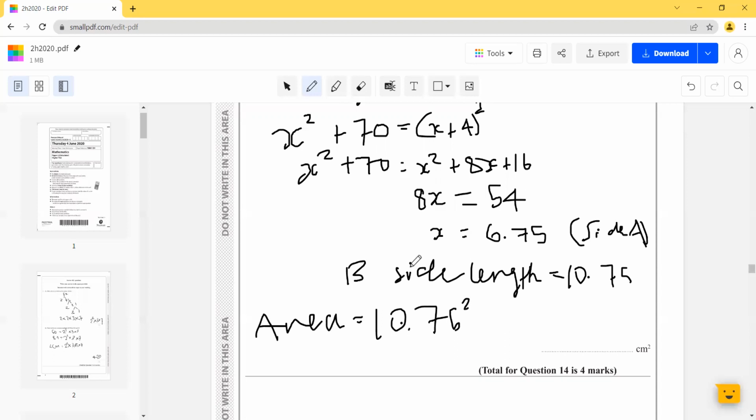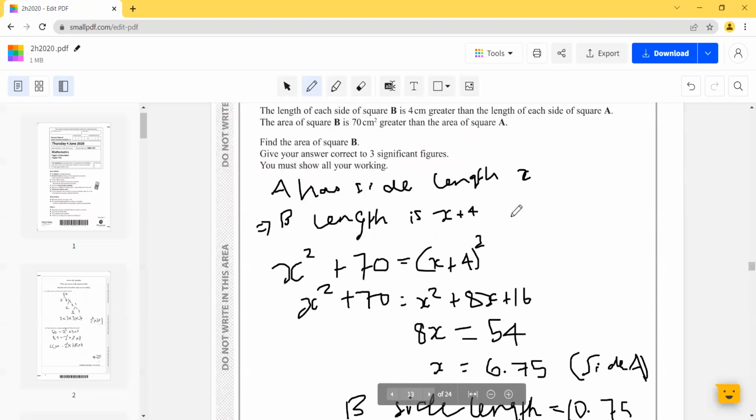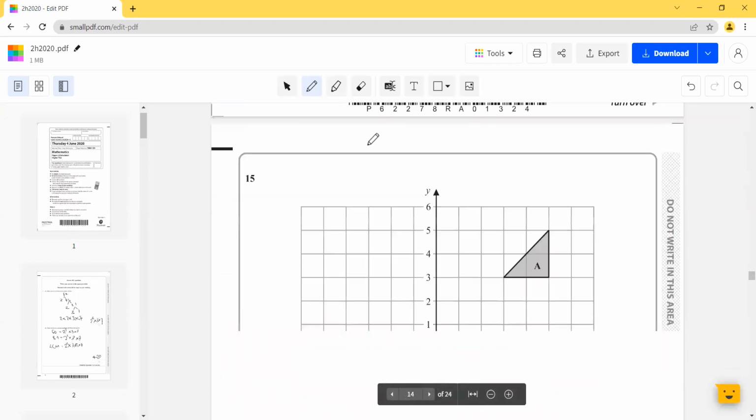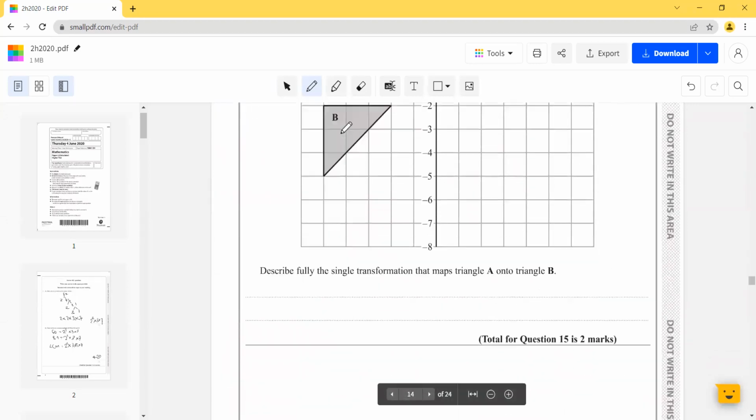Now, if you just use a calculator to solve this, you'll get 115.6. But if you want to round it to 3 significant figures, it will be 116. And that's your answer.